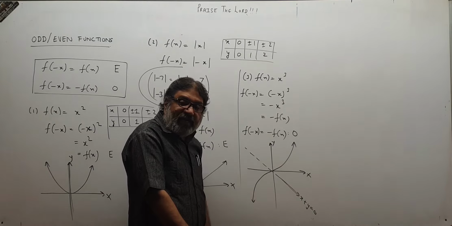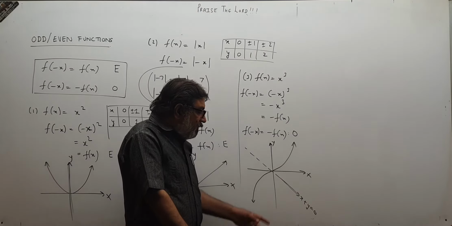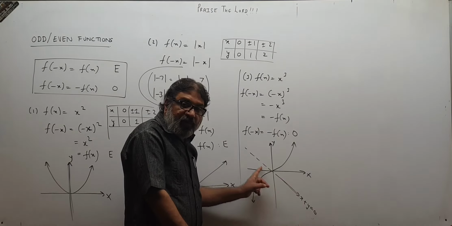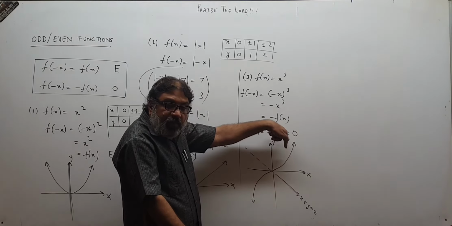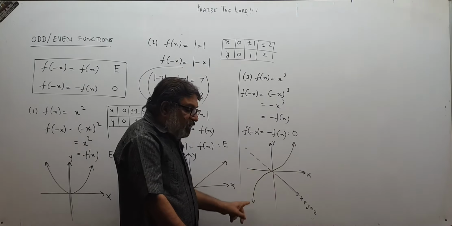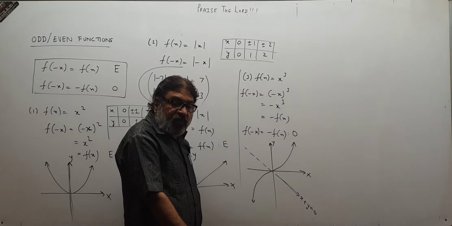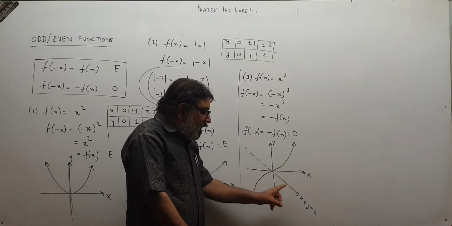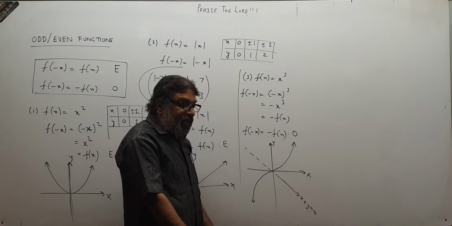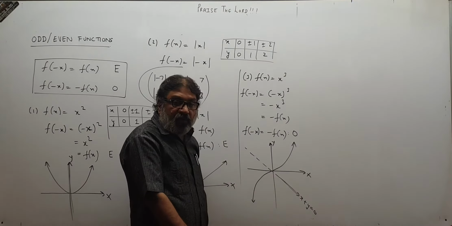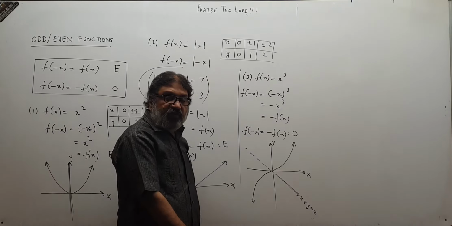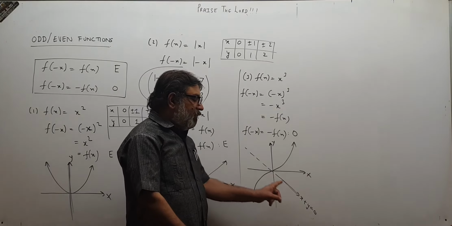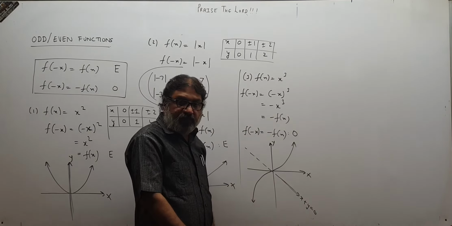Symmetric with respect to the line x plus y equal to 0 means if I keep a mirror on the line x plus y equal to 0 and see from here, whatever graph is seen in the reflection will overlap this region exactly. So we say the graph of an odd function is symmetric about x plus y equal to 0, or symmetric about the origin. We speak like this. Symmetric about origin means symmetric about the line x plus y equal to 0.